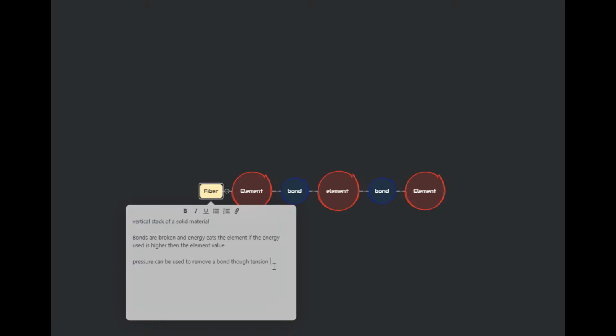So pressure can be used. Okay, so the tension of a bond.